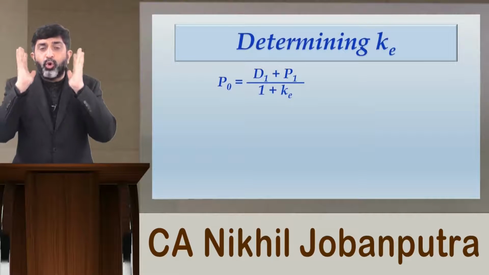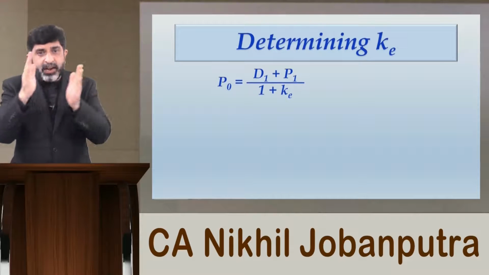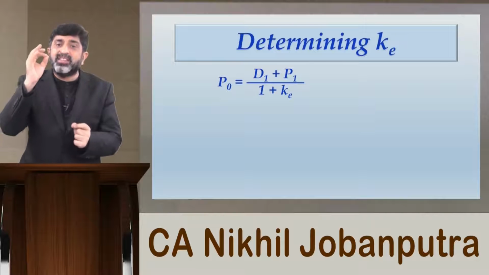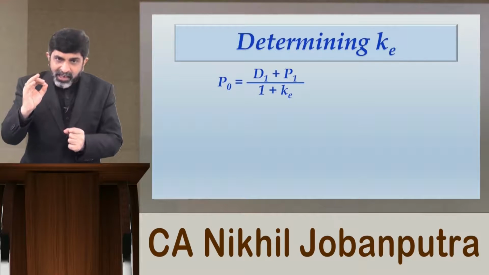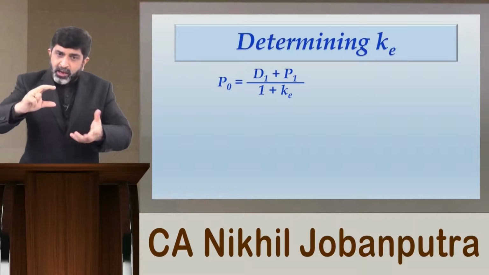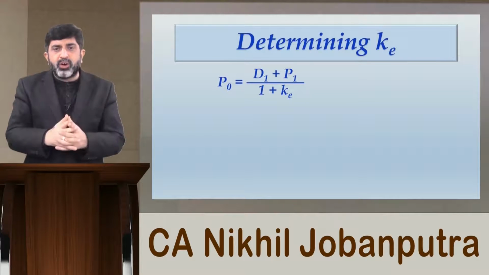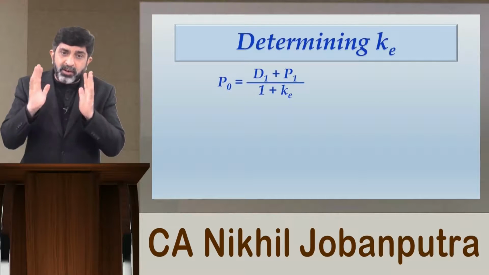What would be your overall rate of return? 280 after 1 year and 200 now. Increase in your wealth is by rupees 80. When you invest rupees 200 and your wealth increases by rupees 80, you figure out your expected rate of return. Your expected rate of return will be 40%.